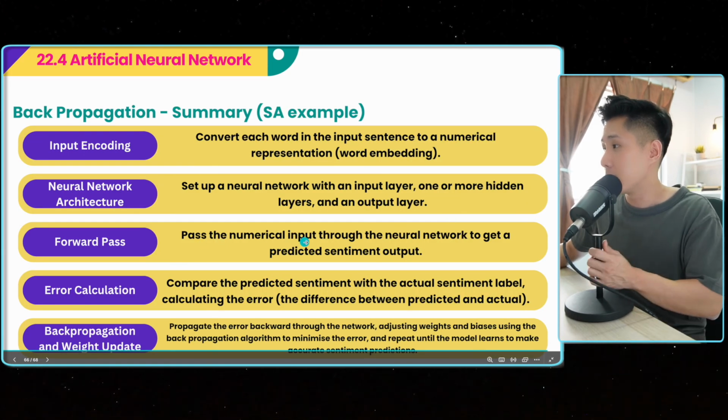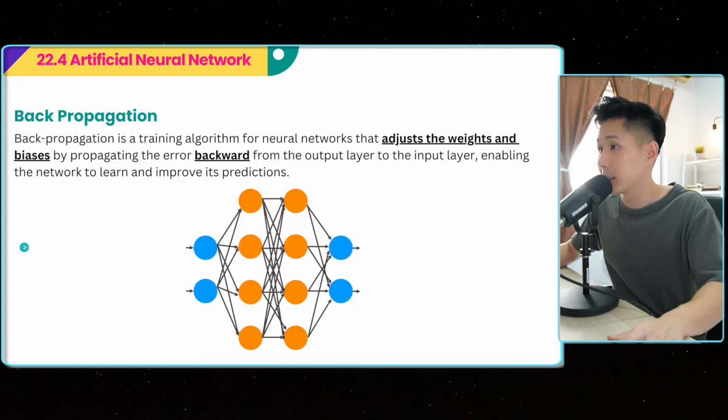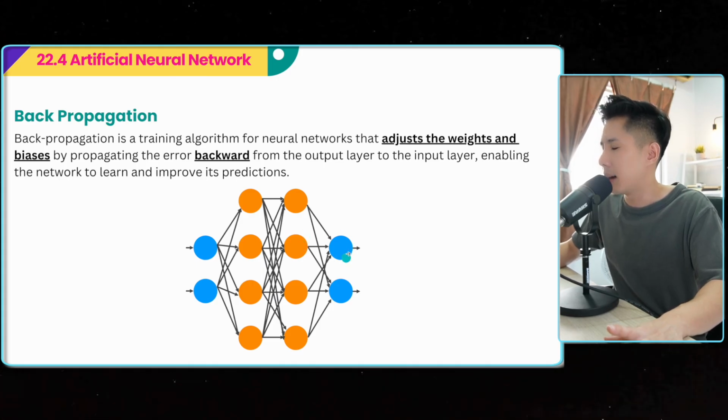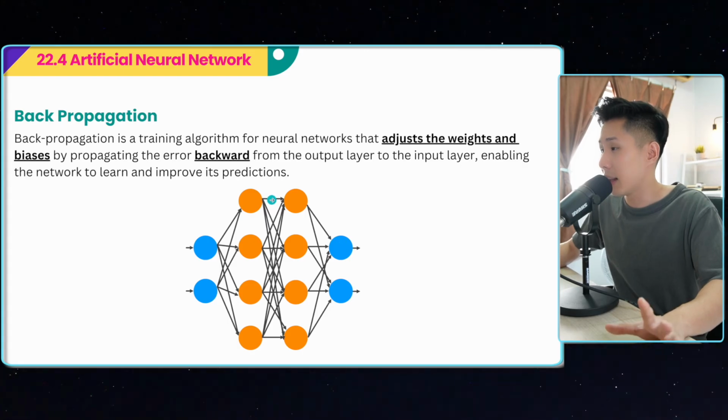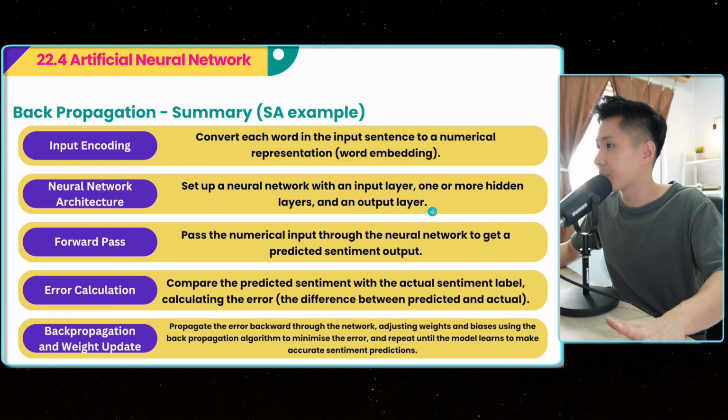And then they will pass the numerical inputs through the neural network to get a predicted sentiment analysis. So basically, we pass the number through this function. Then it will produce output. This output will be fed into the input of this node and eventually feed into the output node. Do note that there can be many, many intermediate layers. This is just a simplified example.